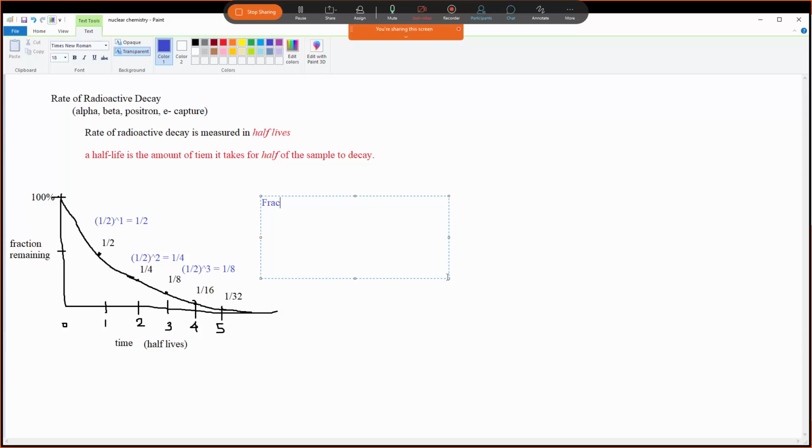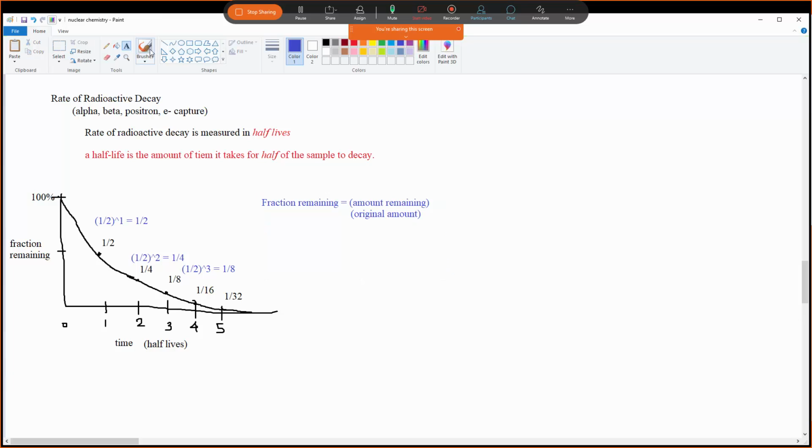So the fraction remaining, not the amount remaining, but the fraction remaining from your original amount, and you can say that as your amount remaining divided by your original amount. That's the fraction, right?